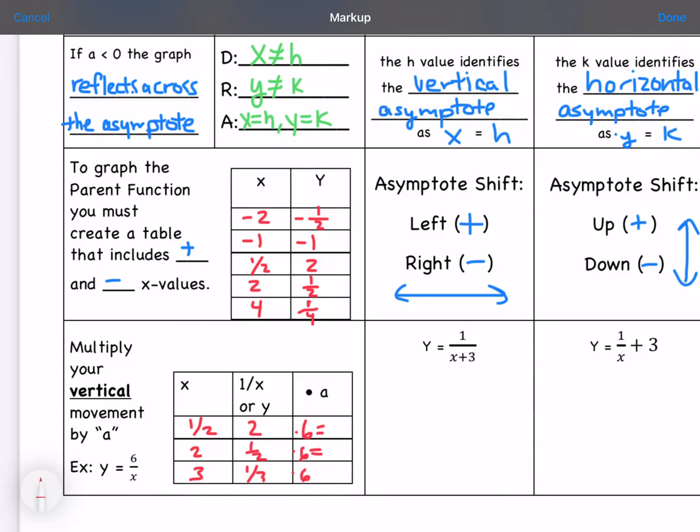So our y values for 1/2 is 12. For 2, it would be 3, and for 3, it would be 2. Because we have y equals 6 over x, it stretches it by a factor of 6.